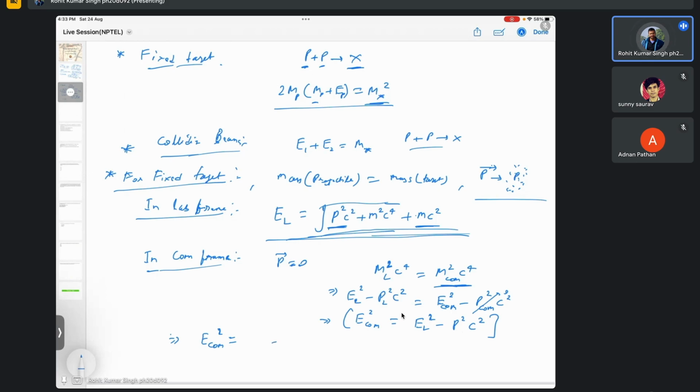And what you will get is this: 2m square c to the power 4 plus p square c square.